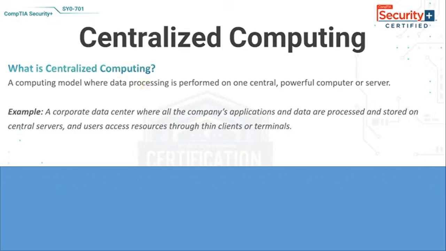Basically, the mainframe computer is responsible for providing services to all the machines connected to the network. This was easy to manage. These are the pros: easy to manage. But there are cons also: a single point of failure and limited scalability. So you can understand what centralized computing is.